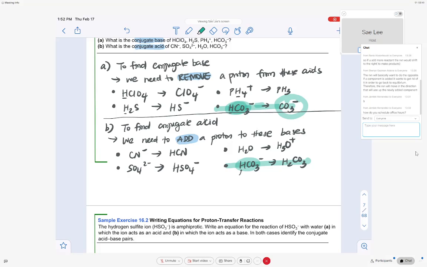Professor? Yeah. So with the first example with the conjugate base, shouldn't the charge after be -2? Which one? For the HCO3, when you remove a proton, in order to completely balance you would need 2 hydrogens, but then you only have 1 hydrogen, so it still has a charge of -1.